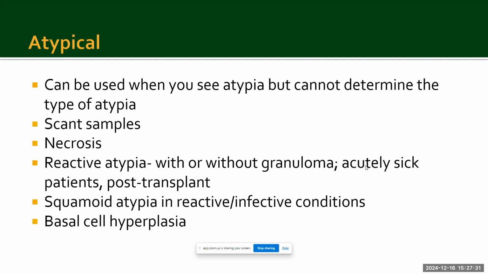in a post-transplant sampling. In many instances, I have even started using the term negative for malignant cells and describing reactive epithelioid cells favored to be reparative changes, so that I am not using the term atypical, and I'm trying to become more definitive. You will also see various degrees of atypia in the squamous cells in reactive as well as infective conditions.